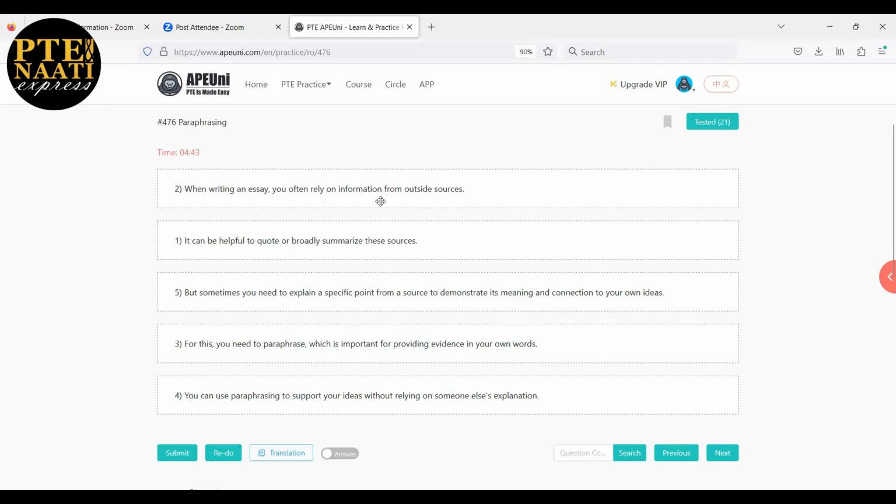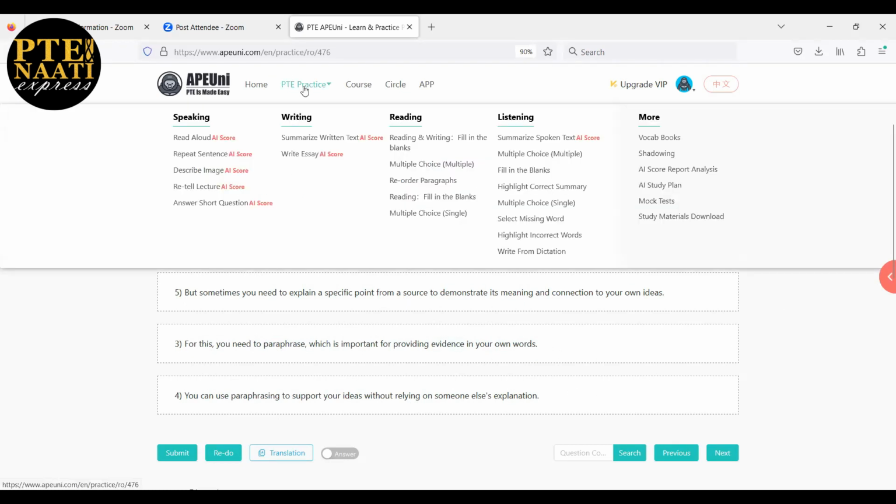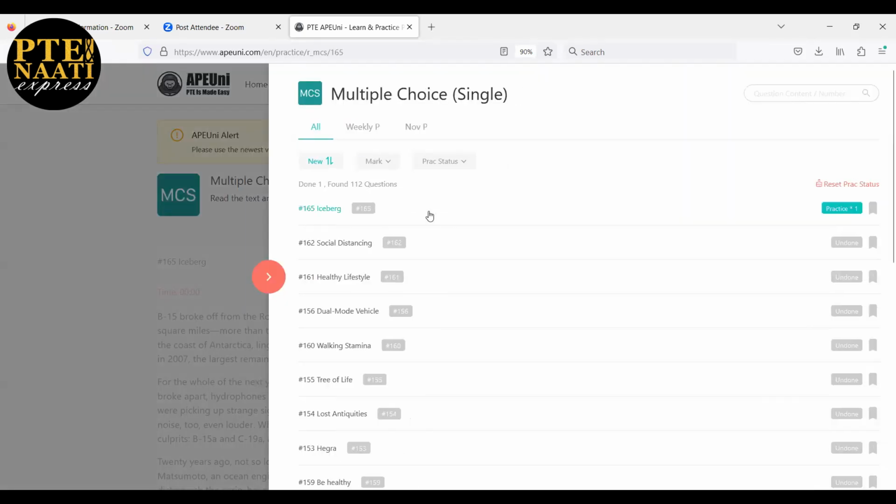So that's how the reordering paragraphs are going. You need to do one more category, and we do multiple choice, single one.